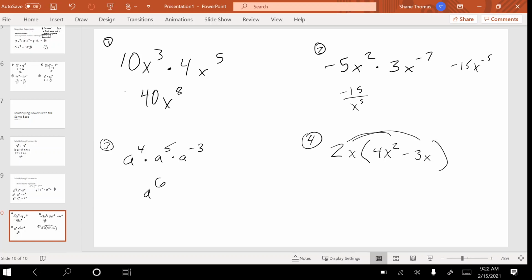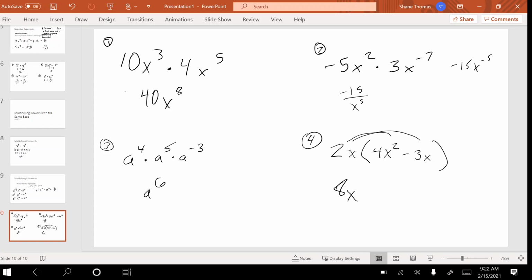So what's 2x times 4x squared? 2 times 4 is 8. We got to add our exponents, right?